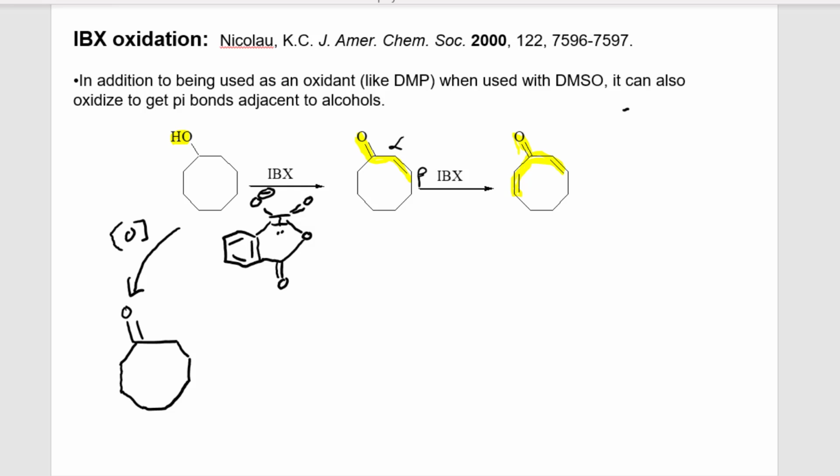Well, if you remember that a ketone is in an equilibrium with the enol tautomer. It exists. It's not the most stable, but it exists in an equilibrium. And when it's in its enol tautomer, the alcohol can interact with the iodine.